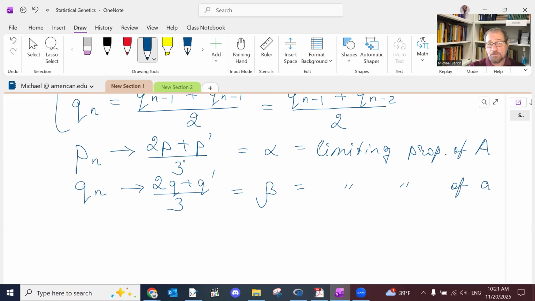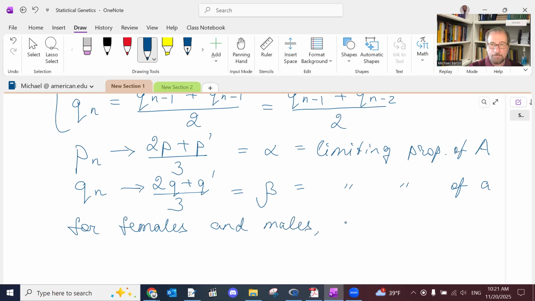So when we talk about the limit, going one more step doesn't matter. Pn plus 1 will converge to the same limit. So this is for the entire population, for females and males. They will have same limiting proportions.